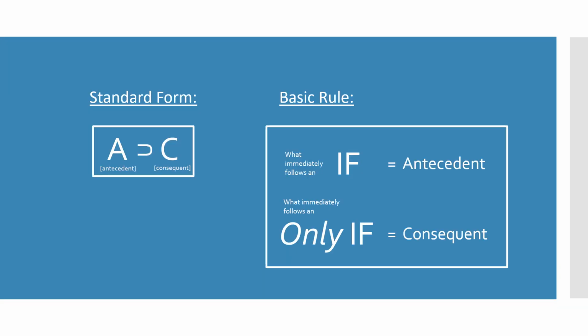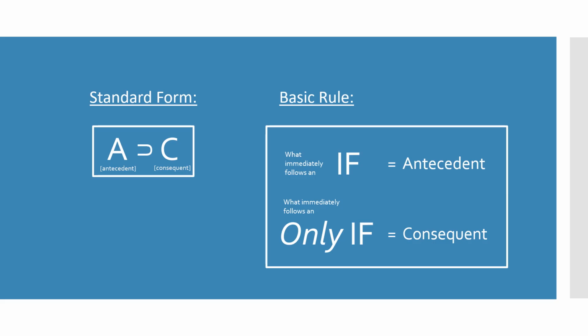Now, to remind you of some of the translational nightmares that accompany conditional statements, recall first and foremost that in the standard form, a conditional statement will always have if antecedent and then consequent. What comes first must be the antecedent of the proposition, and what comes after must be the consequent.